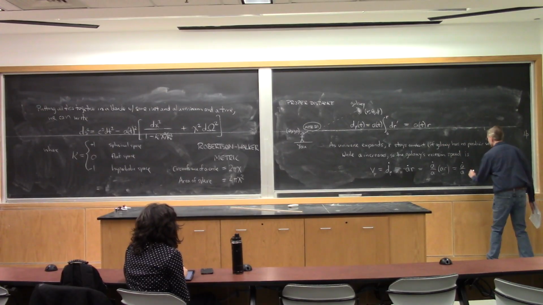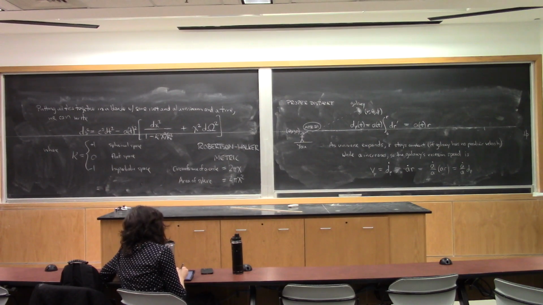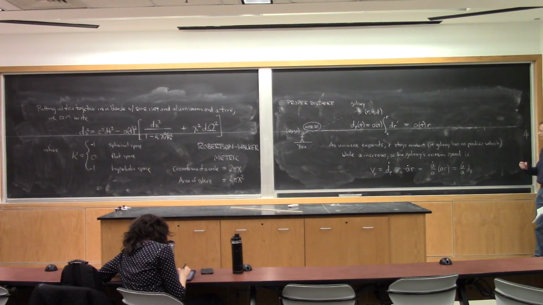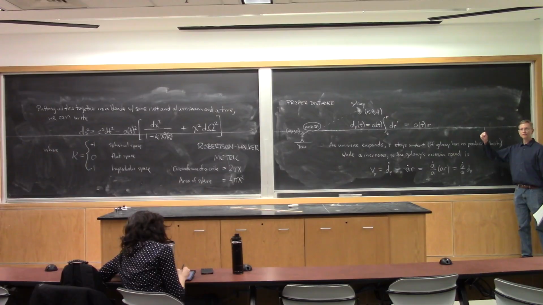It's A dot over A times dP. So this says the speed the galaxy is getting away from us at, the rate of change of its distance from us, is whatever A dot over A is at time t times how far away it is. In other words, the recession speed is proportional to how far away the galaxy is.